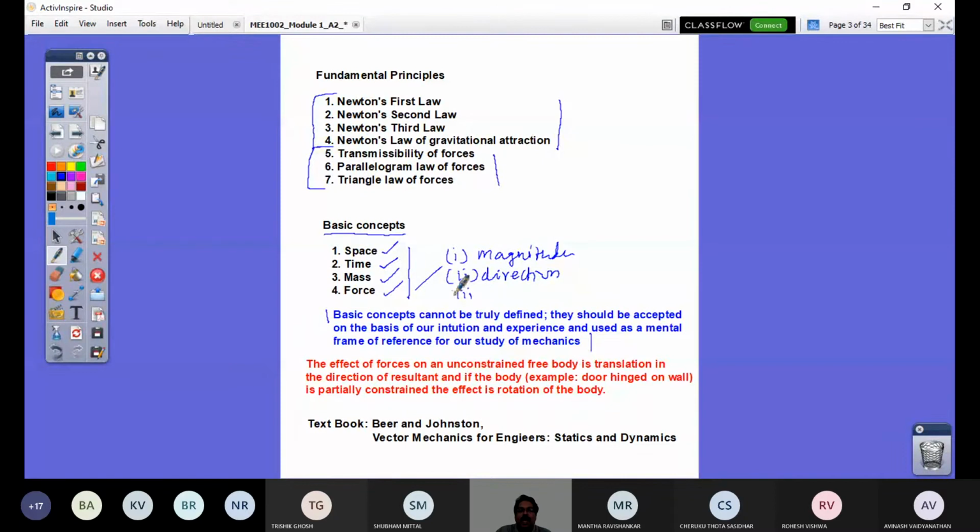The force will have its line of action or point of application. So I can't say a force acts on a body without saying at what point it is acting on the body, or, if I draw a line along the force direction, that is the line on which it is acting.